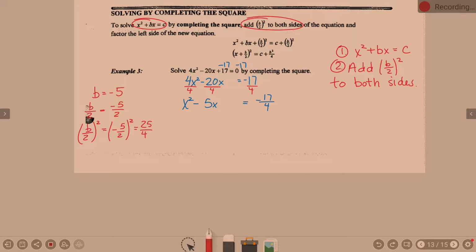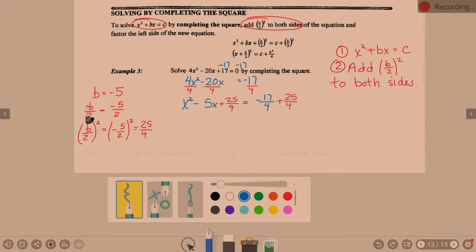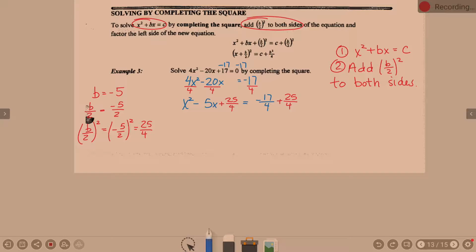So we're going to take this, and we're going to add it right here on the left, and we're going to add it over here on the right. So I took this 25/4, and I'm adding it there, and I'm adding it there.